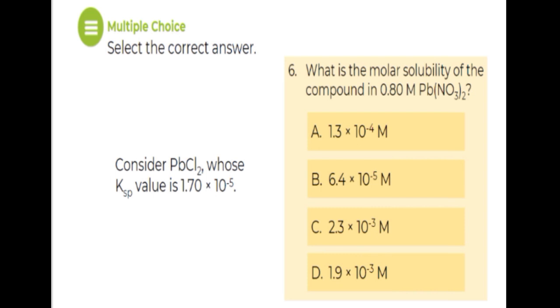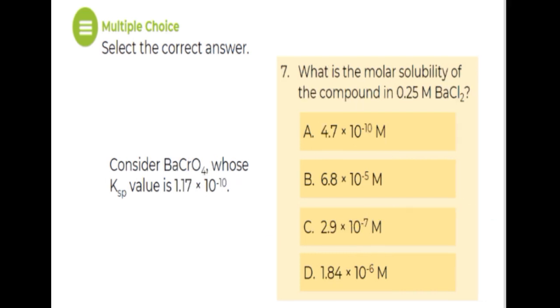A, B, C, or D? Number 7. What is the molar solubility of the compound in 0.25 M BeCl2? A, B, C, or D?